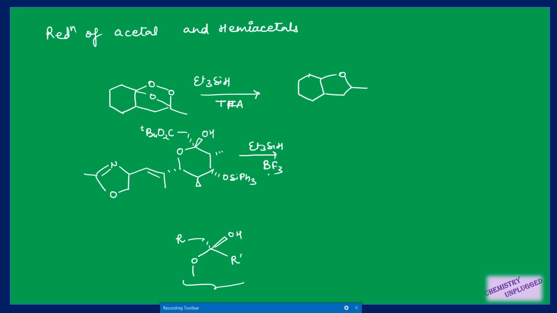So the first step is this triethylsilane will combine with this oxygen, right? Then the next thing that will happen is that this BF3, which is electron deficient, will take electrons from this oxygen, so it will form a bond here, and oxygen will become positively charged.